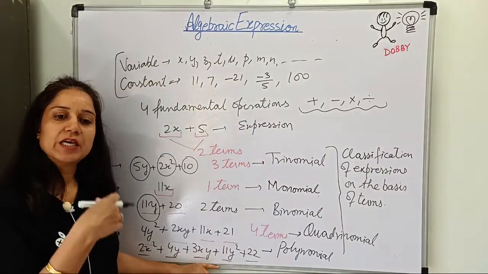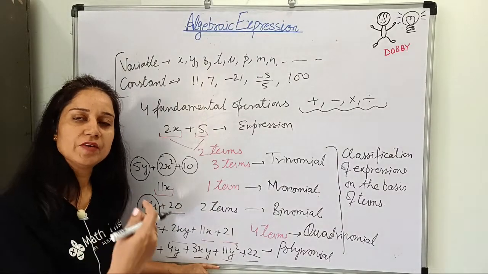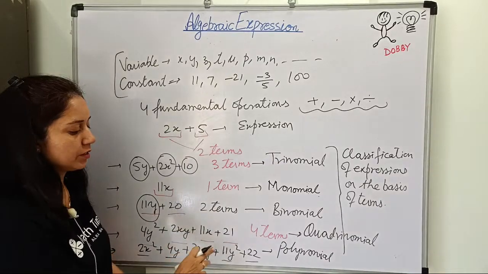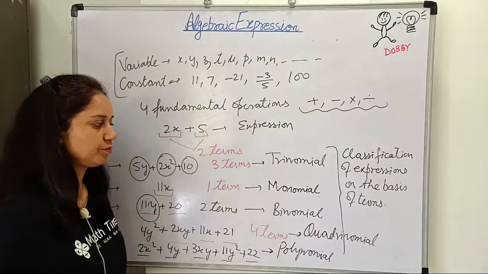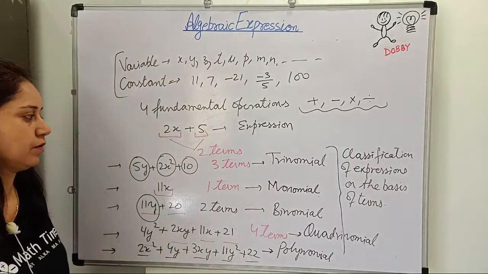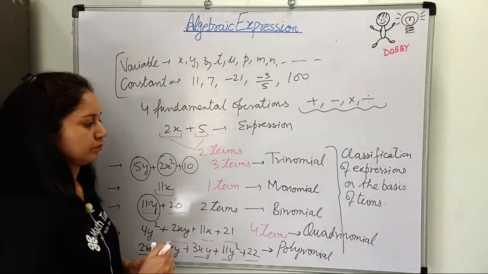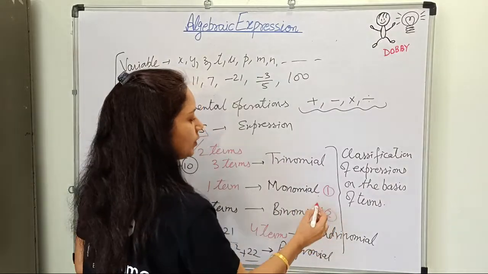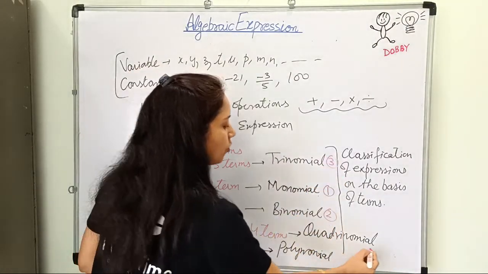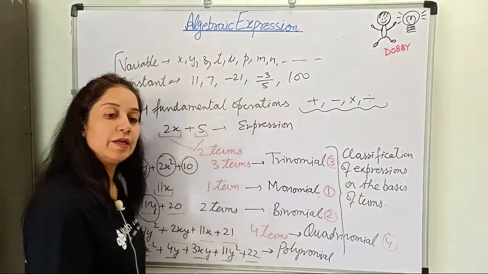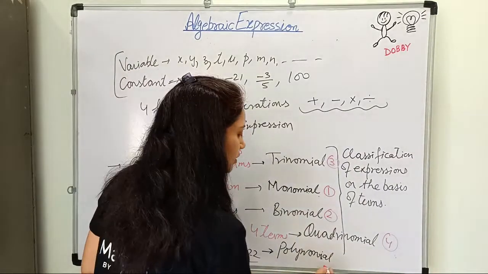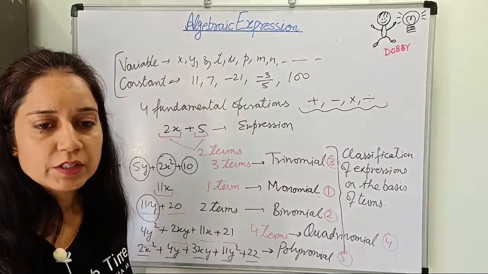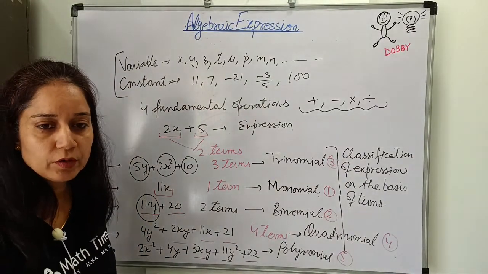Having 5 terms, 6 terms, 7 terms, 10 terms, all are polynomials. Now this is the wider term. One term, monomial; 2 terms, binomial; 3 terms, trinomial; 4 terms, quadrinomial; and more than that, it gives us polynomial. Once you write all this, let me know.